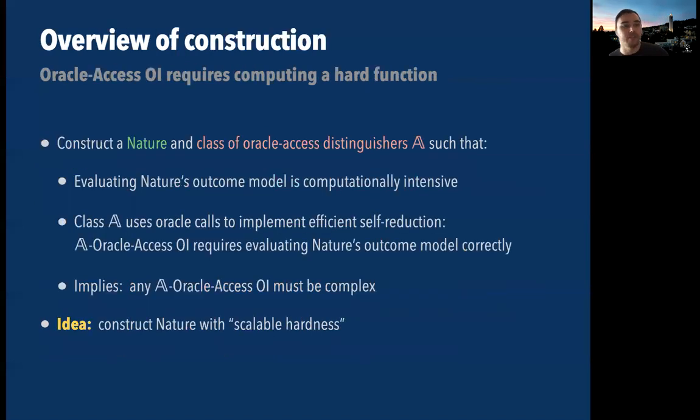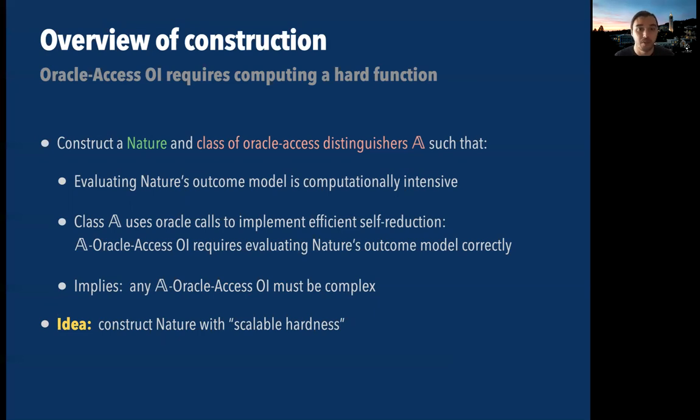So at a very high level, why does sharp K-clique show up in this presentation about indistinguishability in predictors? The lower bound comes from constructing a nature and a class of Oracle Access distinguishers such that computing the outcome of an individual according to nature is based on a hard problem. In particular, it's based on the number of K-cliques in a certain distribution of graphs.